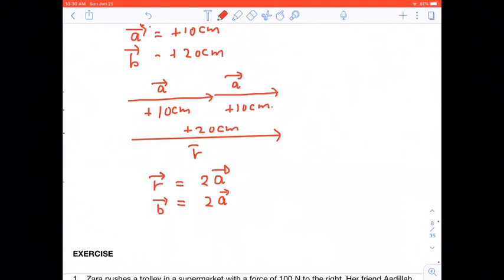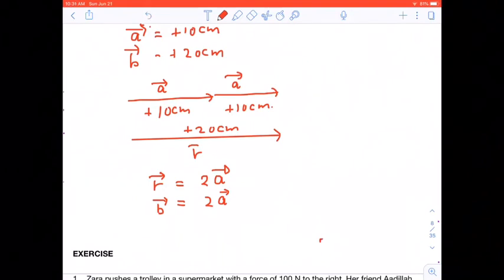So what we're saying here is if we have a vector quantity and we multiply it by a scalar, we can get a vector quantity with a dimension that is greater than its original magnitude.